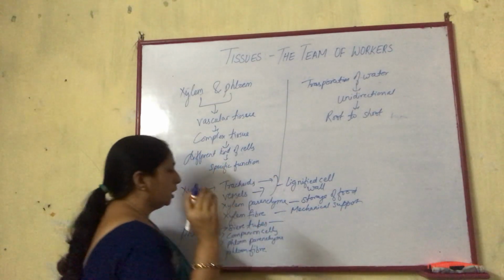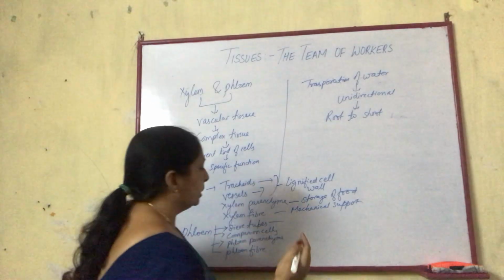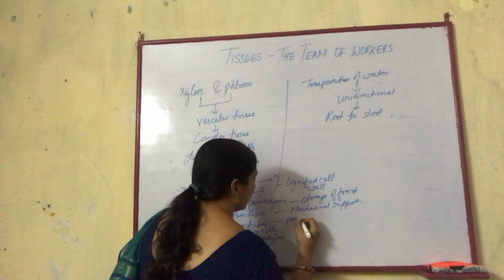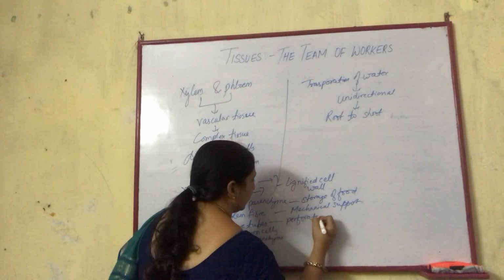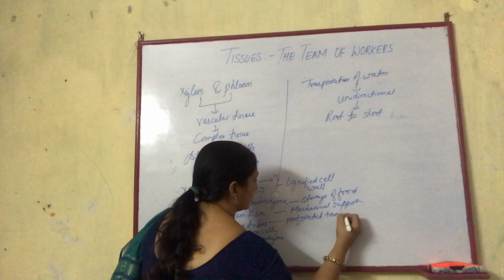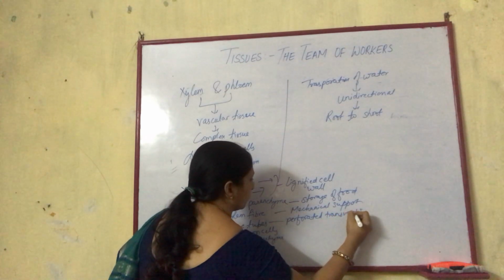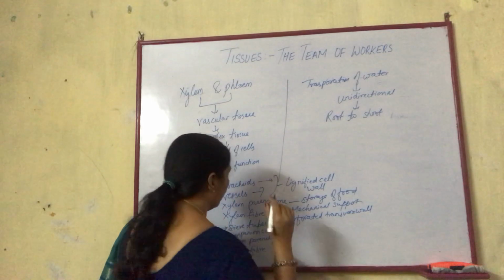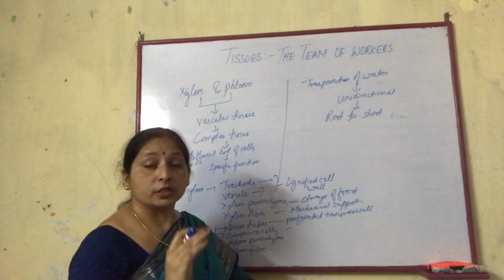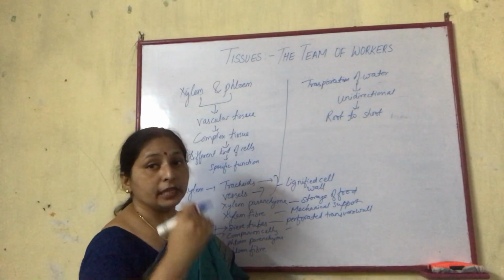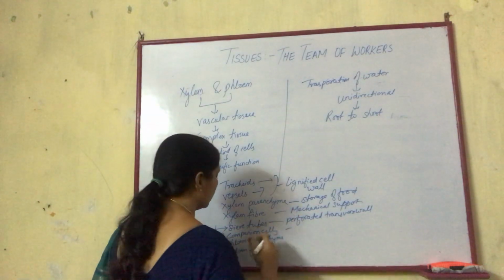Sieve tubes are elongated tubes with perforated transverse walls. Their main role is conduction of food from leaves to other parts or organs.